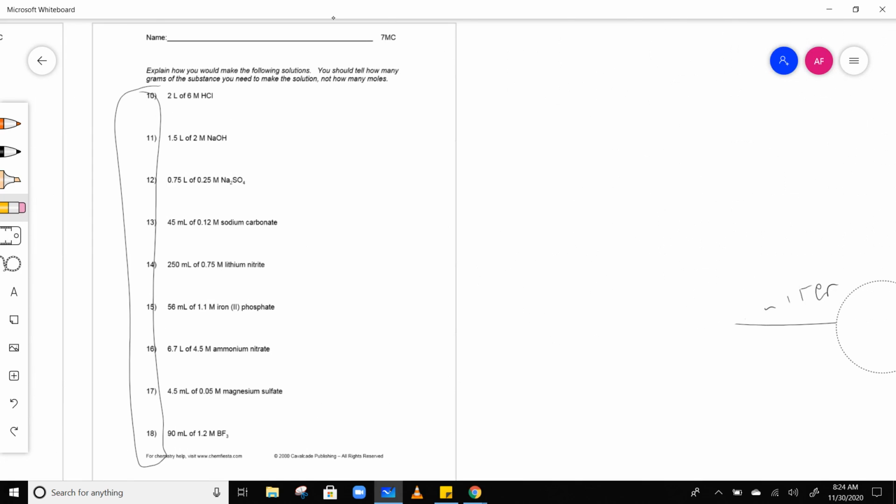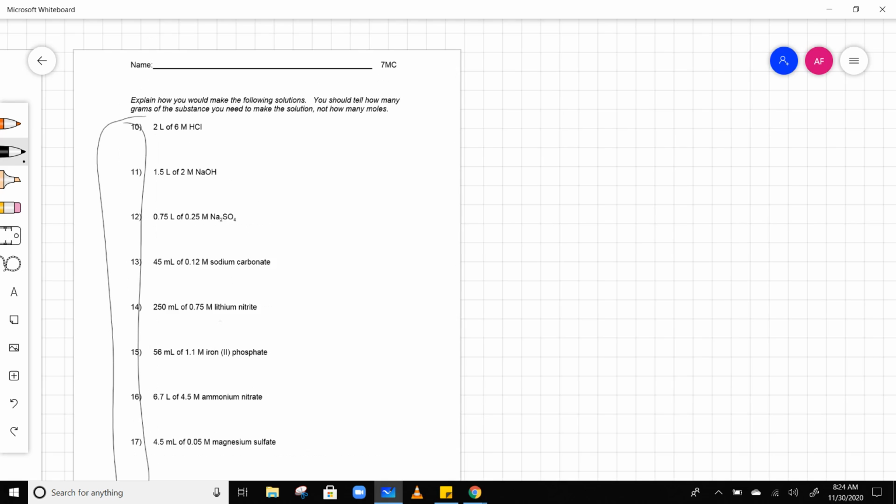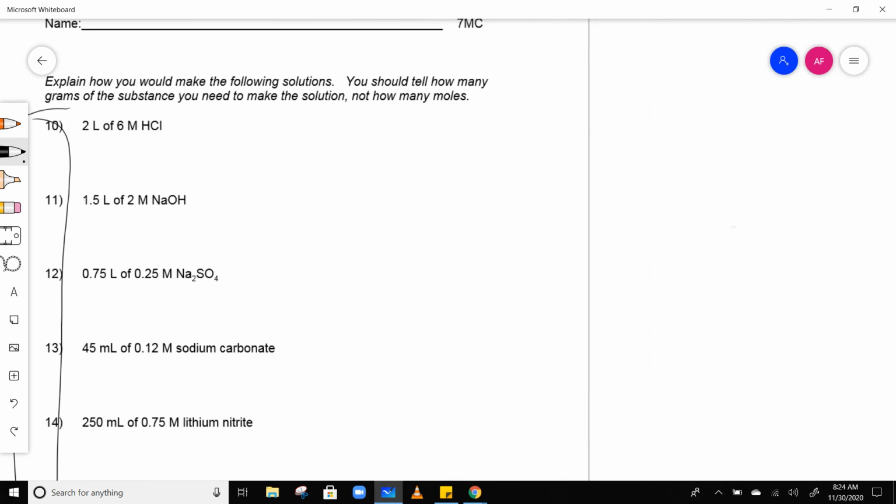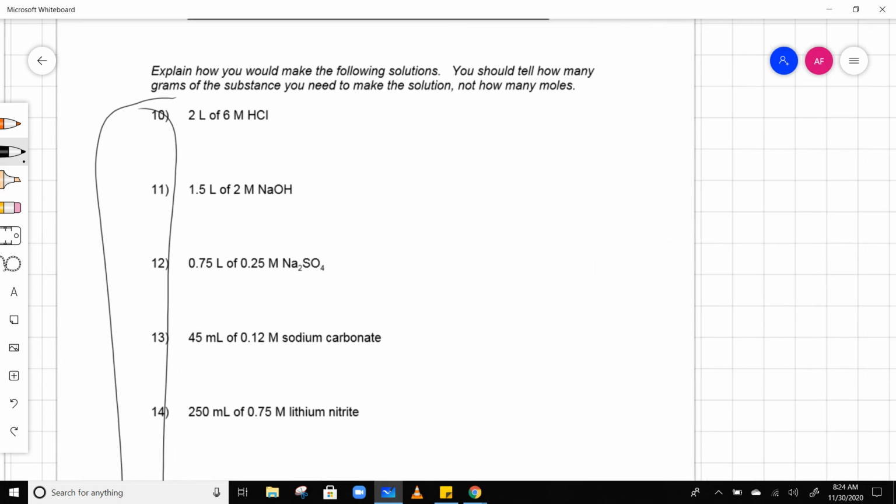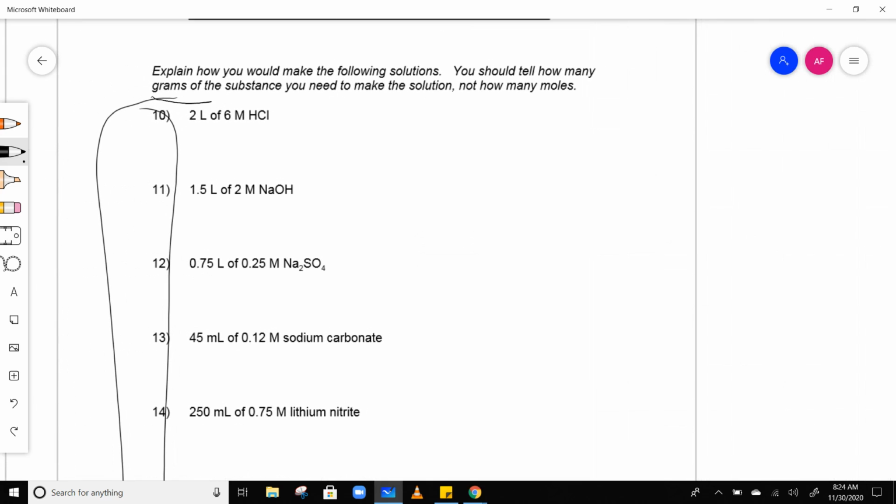Okay, the next part's a little bit trickier, but really not that bad. Here we're explaining how you're going to make the following solutions. Basically, I want you to tell me how many grams of the substance you need to make the solution, not how many moles.